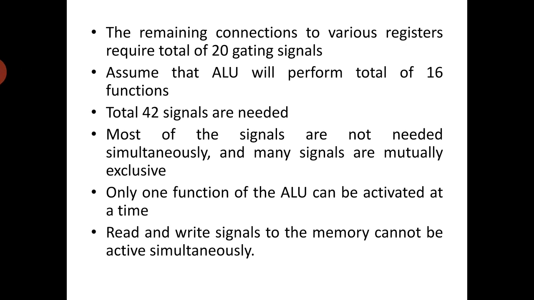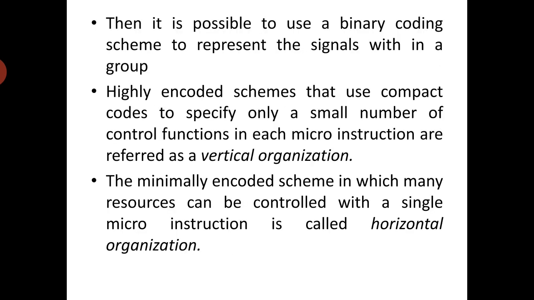It is possible to use a binary coding scheme to represent the signals within a group. For example, consider that 4 bits suffice to represent the 16 available functions in the ALU.